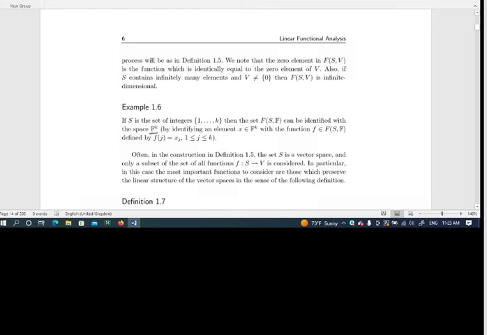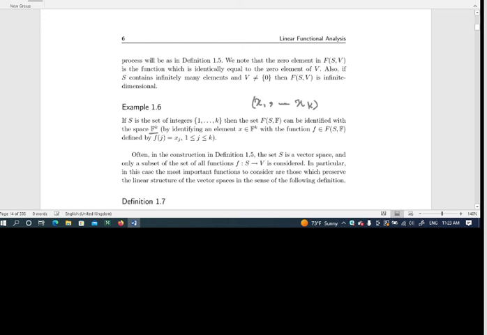You can view F^k as a set of k-tuples like this, (x1, ..., xk).